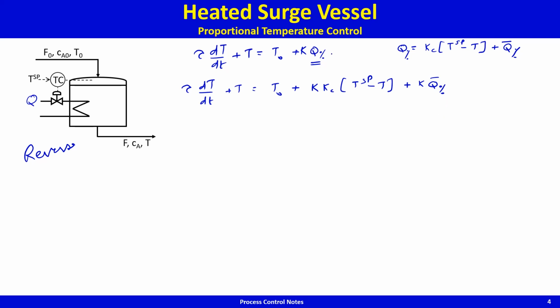If I look at this equation at the initial steady state, the rate of change is going to be 0. So at the initial steady state, instead of kq percent, I can substitute t minus t naught.